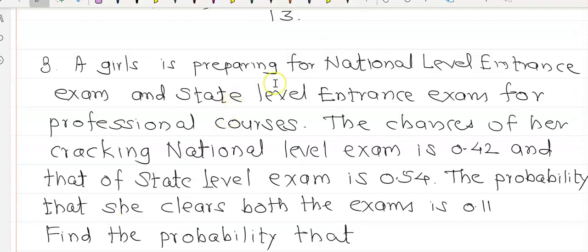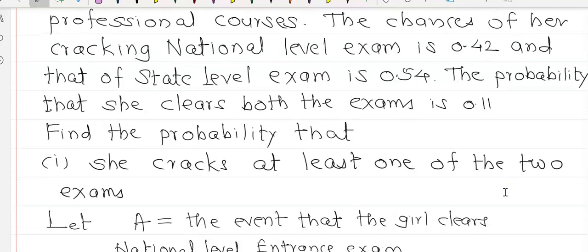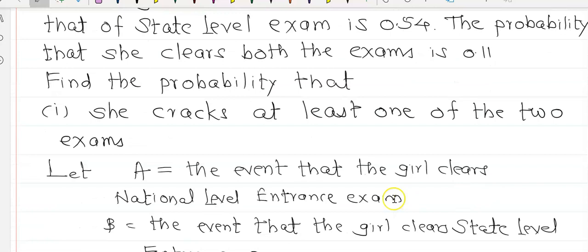See this again. A girl is preparing for the national level entrance exam and the state level entrance exam for the professional courses. The chances of cracking the national level exam is 0.42 and the state level exam is 0.54. The probability that she cracks both the exams is 0.11. Find the probability that she cracks at least one of the two exams. A is the event that the girl clears the national level entrance exam.